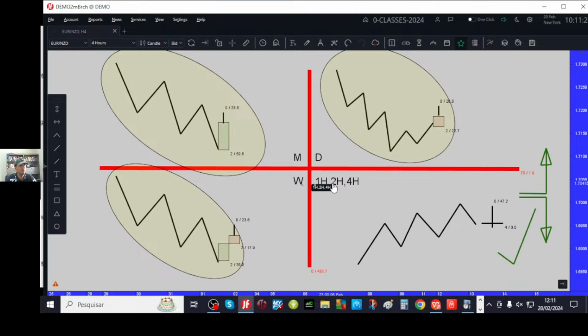Should you buy or should you sell the 1 hour, 2 hour, 4 hour chart? And you need to understand the game, and it's called the why. Why do you want to buy or sell the 1 hour, 2 hour, 4 hour chart?